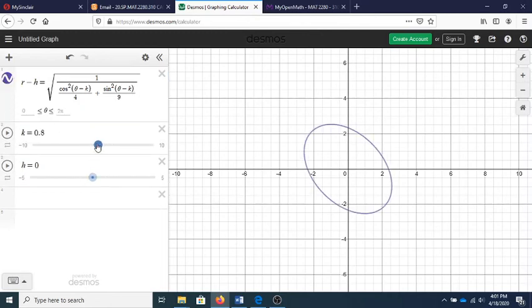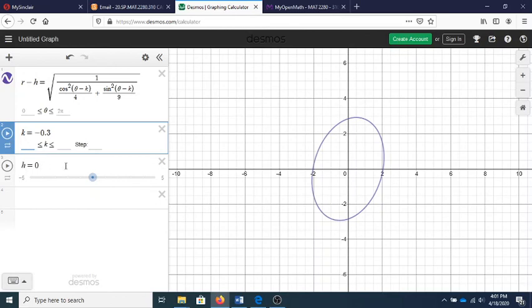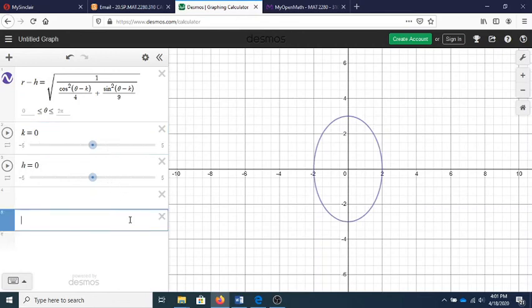Let's take k and say we want it to be from -5 to 5 in steps of 1. All right. Now check this out. When I start adding and subtracting things from theta, it causes my image to rotate.